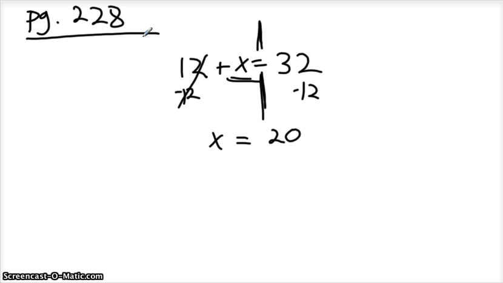Okay? Let's go to another example. Next example, let's go to number 4. Number 4 says m times 8 equals 35 minus 19.